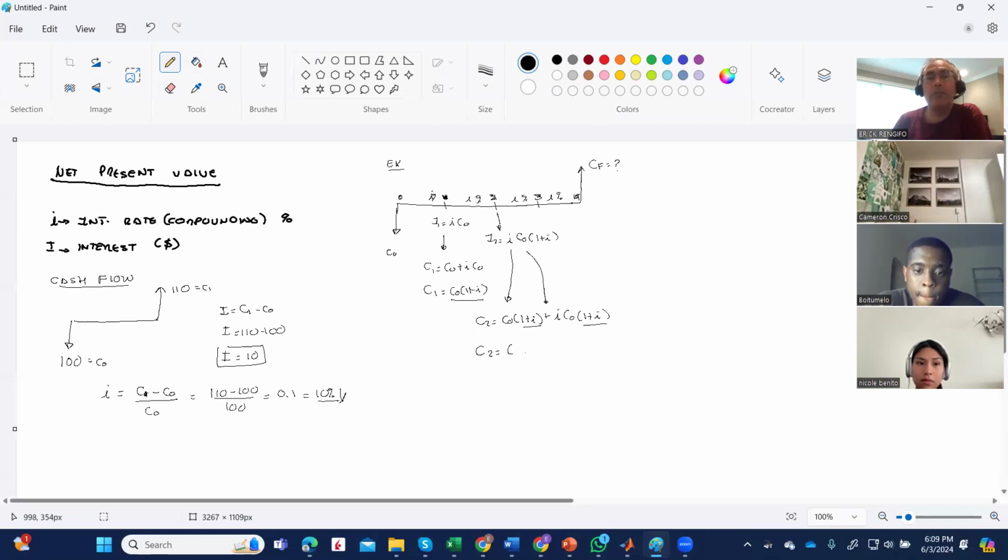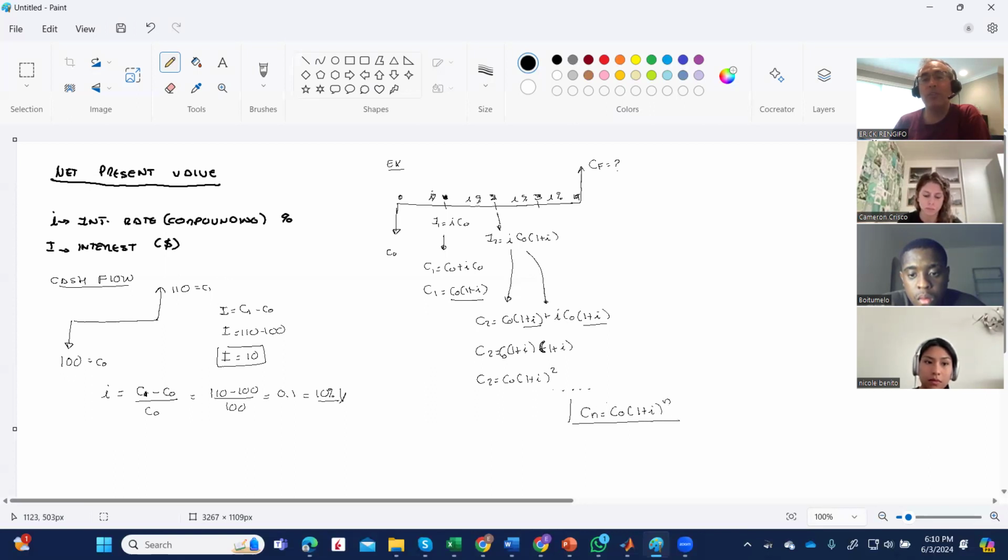Plus common factor between is going to be C0 times (1 plus I) that multiplies 1 plus I. So basically C2 is going to be equal to C0 times (1 plus I) to the power 2. Agree? And now if you generalize this, for n periods, Cn is going to be simply equal to C0 times (1 plus I) to the power n.